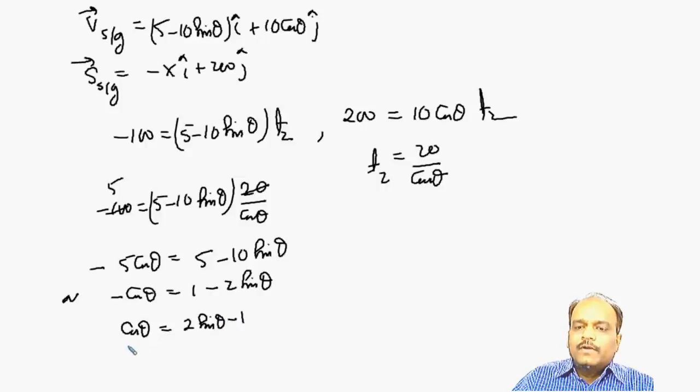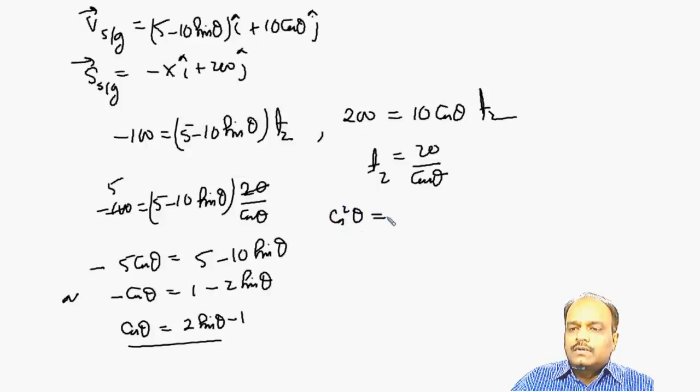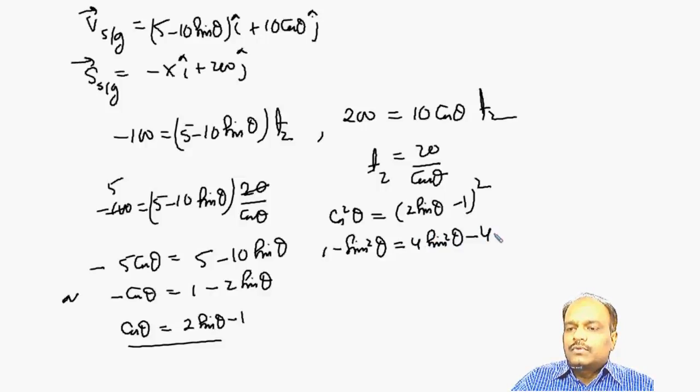If I square this, it becomes cos square theta is equal to 2 sin theta minus 1 whole square, and we know cos square theta is 1 minus sin square theta, which is equal to 4 sin square theta minus 4 sin theta plus 1.